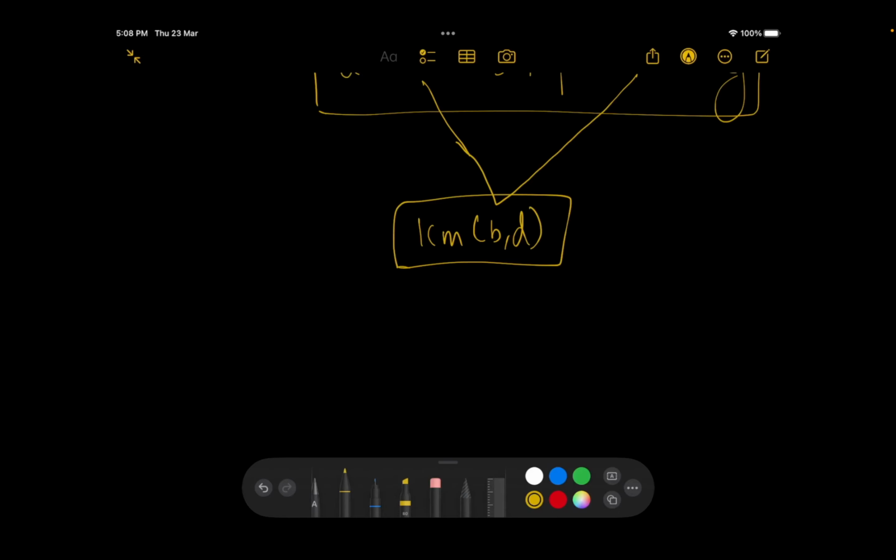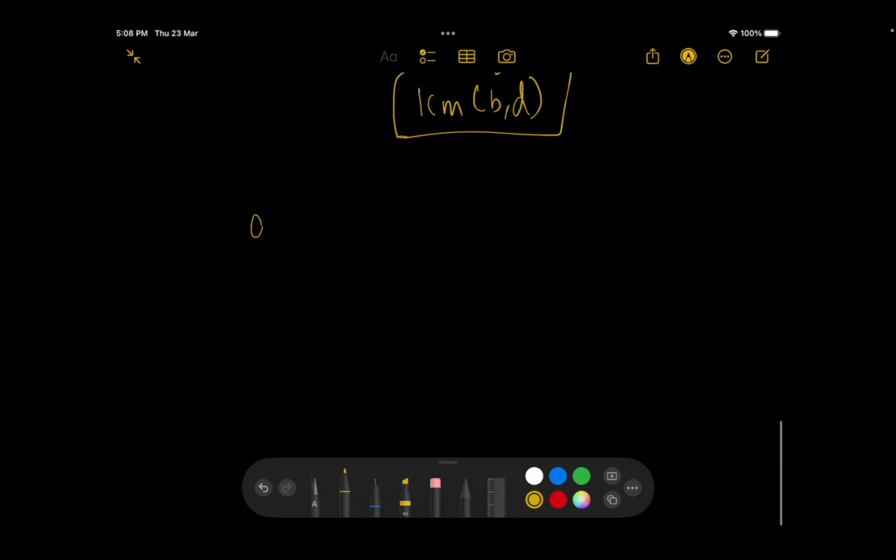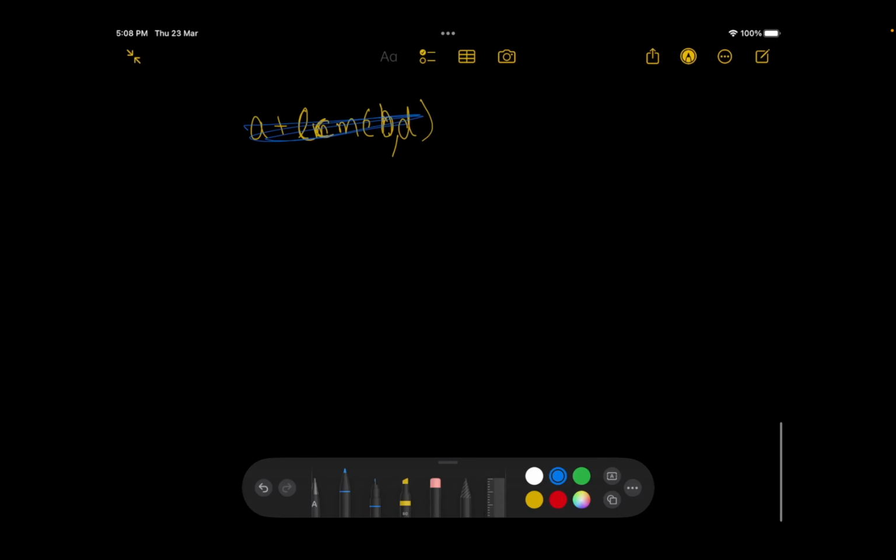But note, since LCM basically means that it is divisible by both b and d, technically when I say a plus LCM of bd, and then take the modulus with b, this basically means, if I expand it out, a mod b plus LCM(b, d) mod b.